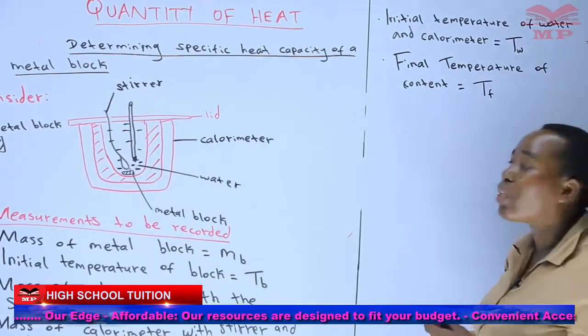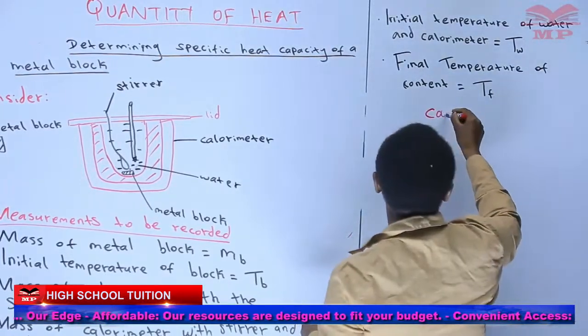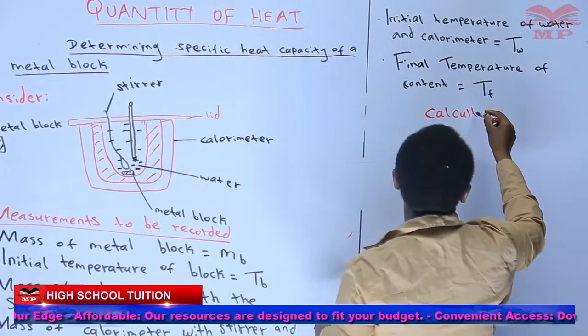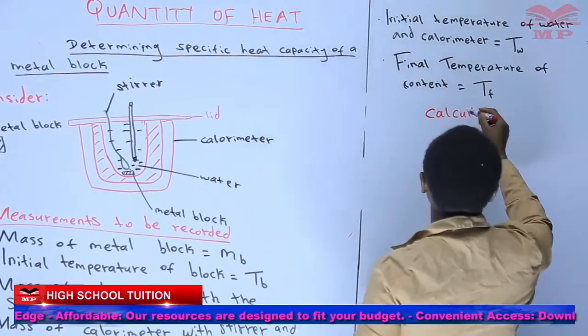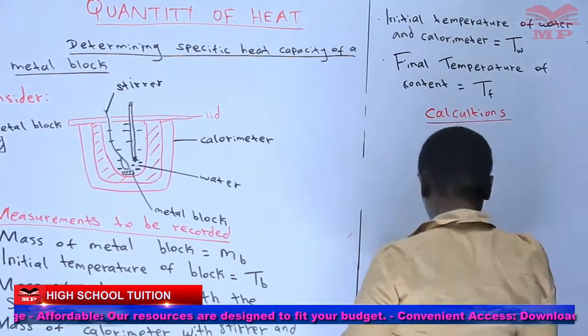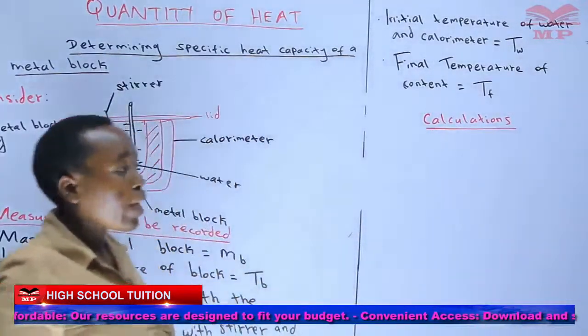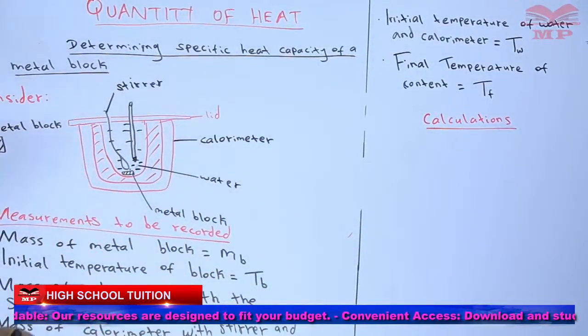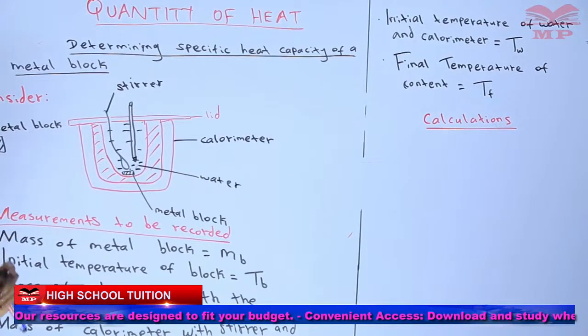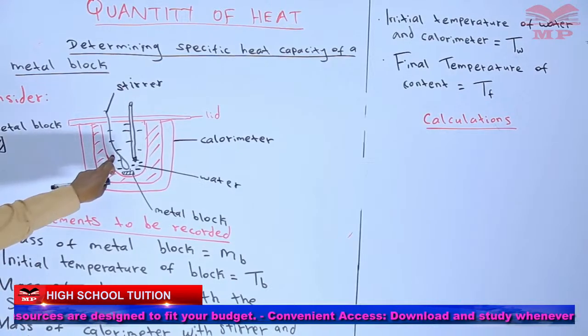So we get now into calculations and see how we can use these measurements. So calculations. We want to get the specific heat capacity of the metal block. Before we engage the formula, we also need to know the mass of this water.